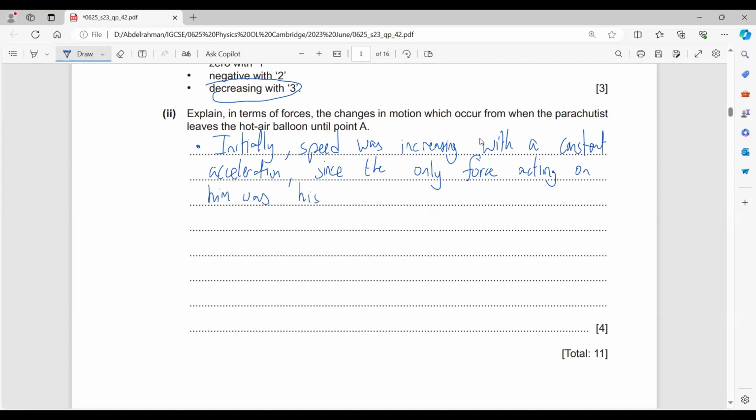Then, as his speed increases, what happens? What's one of the forces that increases as his speed increases? Air resistance acts upon him. Let's see. As his speed increases, air resistance increases.